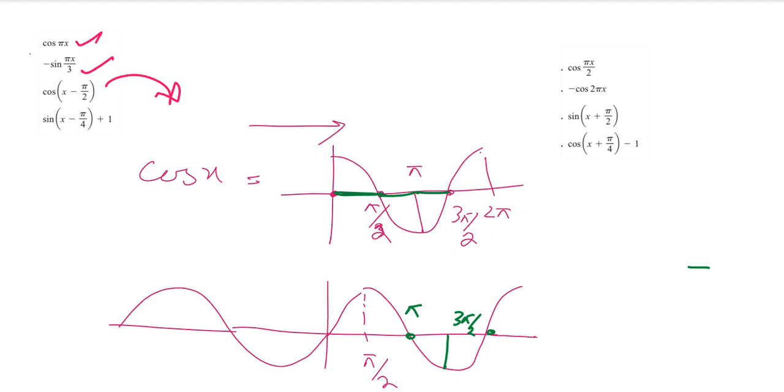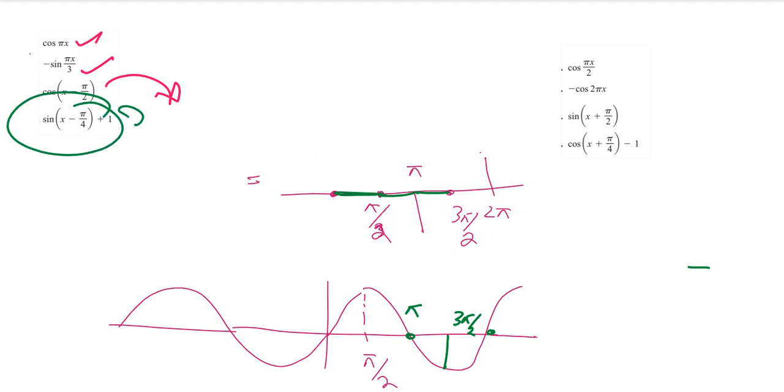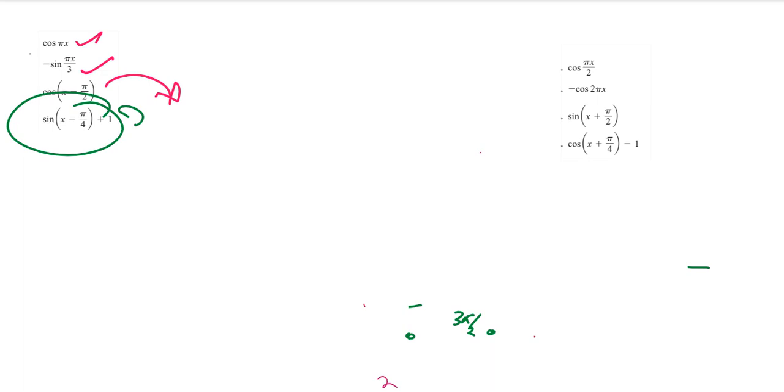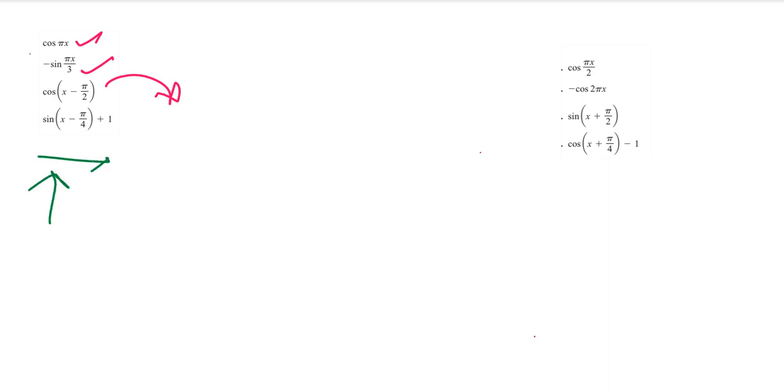Okay, let's move on towards our next question, that is sin(x - pi by 4) + 4. So we have to check along the horizontal axis and the y-axis too. So over here we need to move it to the right side and move it to the upper side as well, by a factor of 1.